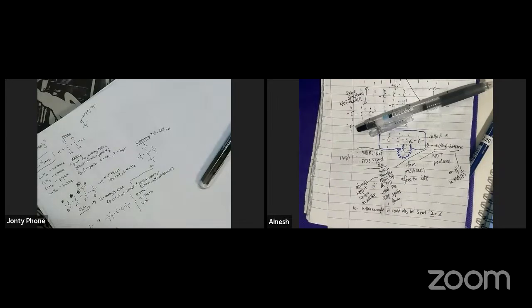In page 4, I drew for you ethene, right?